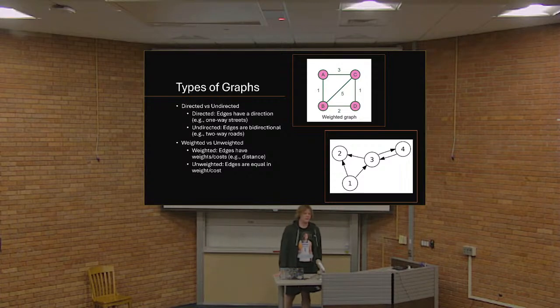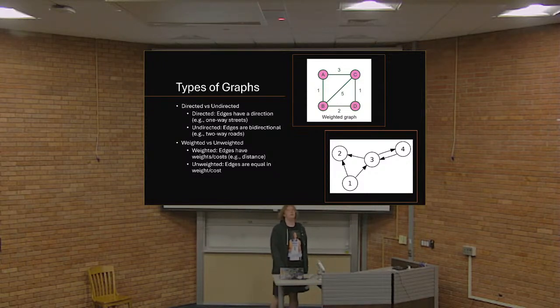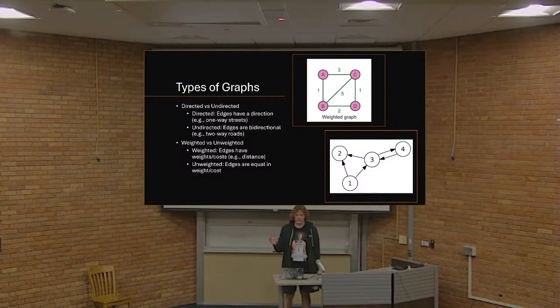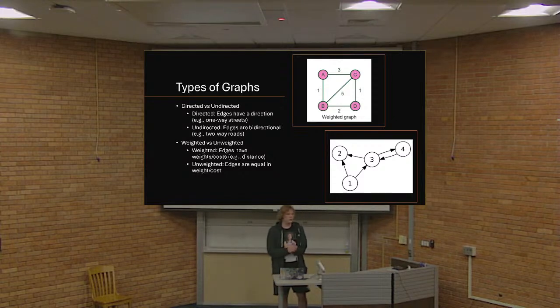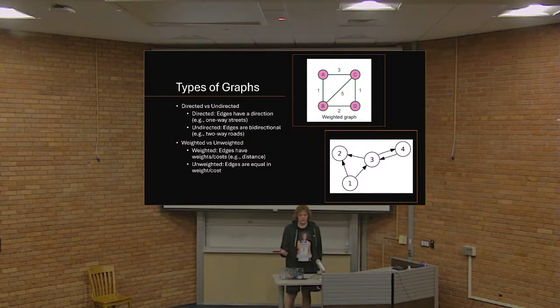So how do we actually represent graphs in code? I'm going to give C++ examples and Python examples. The most common one for competitive programming is going to be an adjacency list. Each node has a list of other nodes that it's directly connected to. This works well for graphs where there's not a whole lot of edges. This is called a sparse graph because it will take up less space.